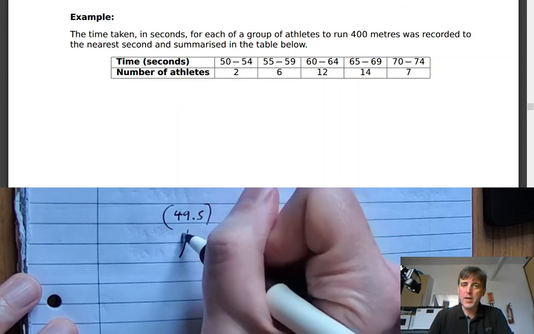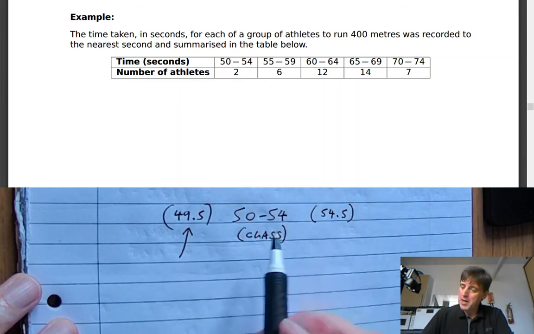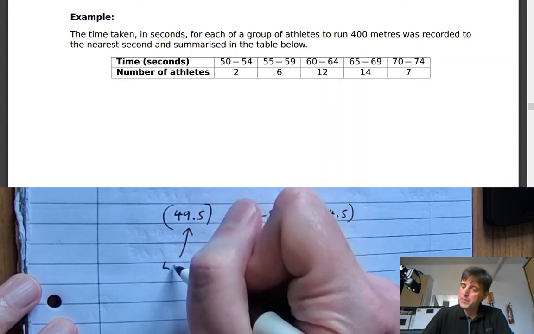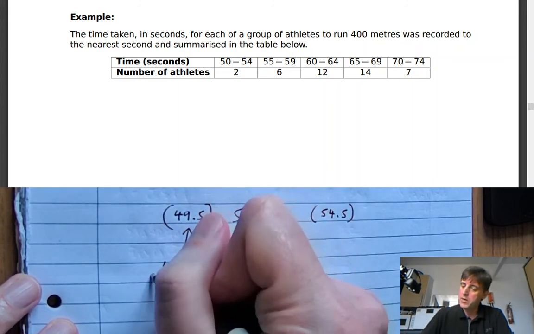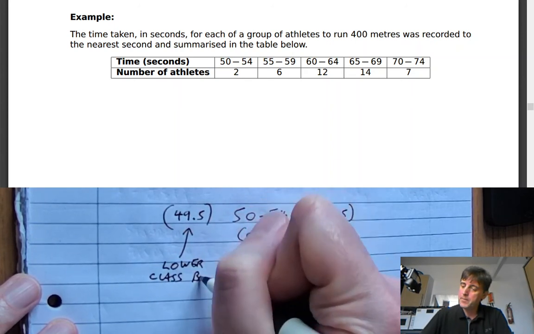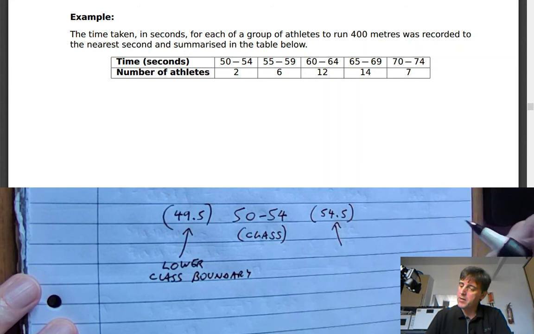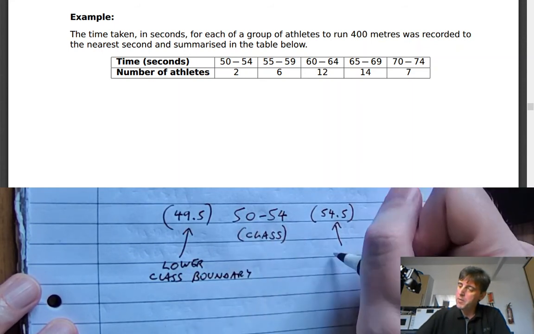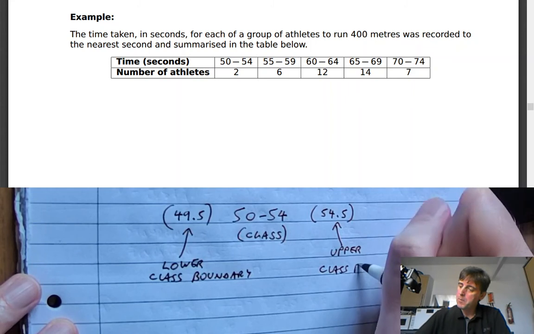It's useful to have some words to describe these limiting numbers, and they're called class boundaries. So this one here, the 49.5, would be called the lower class boundary. And this one here, the 54.5 for this class, would be called the upper class boundary.